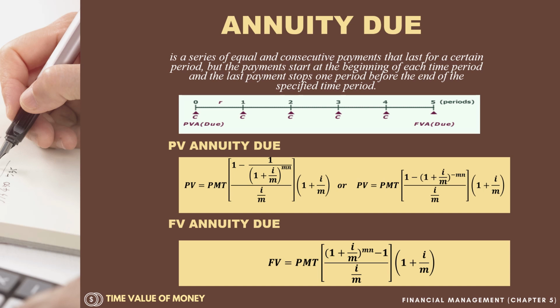Okay, that is because payments are made in advance, or payments are made one period in advance compared to the ordinary annuity, because again, payments are made at the beginning of each period.